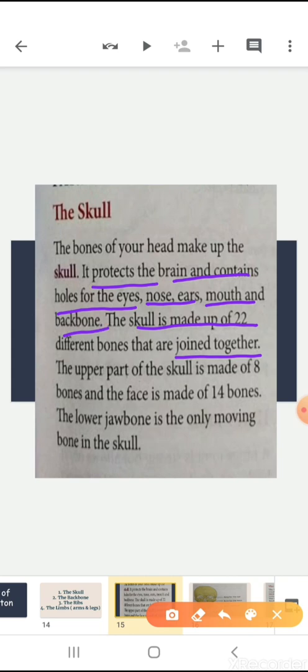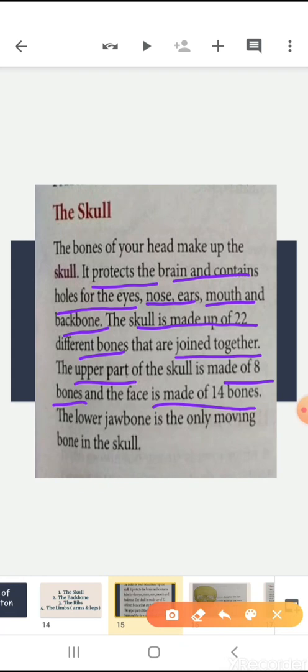Then the skull is made up of 22 different bones which are joined together. The upper part of the skull is made up of 8 bones and the face is made up of 14 bones.